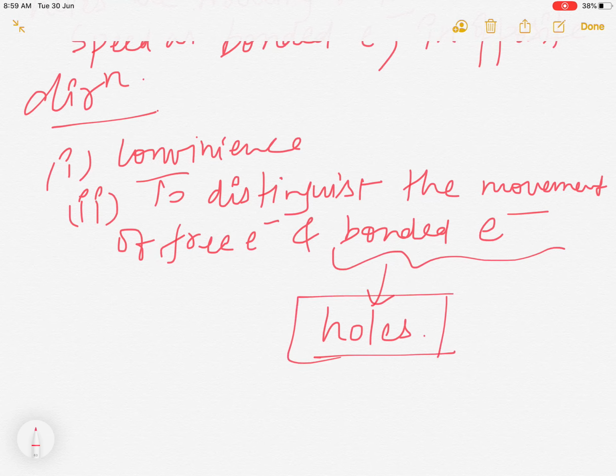So the naming "holes" is hypothetical, but the movement of holes is not hypothetical. That's why we consider it in our calculations, right?